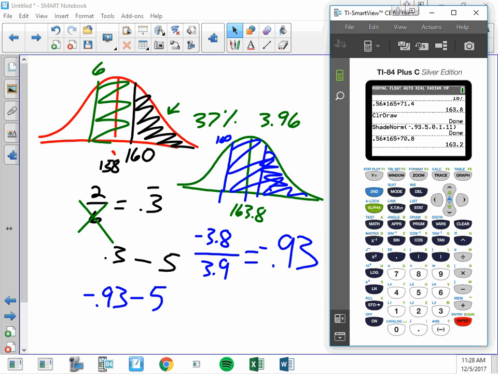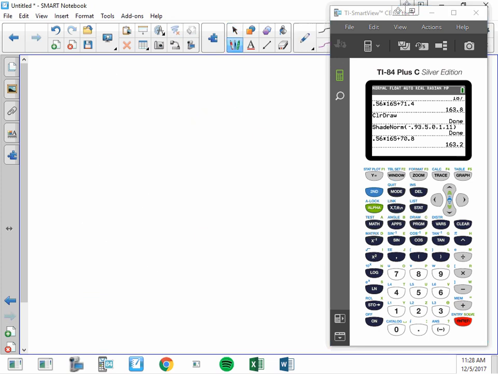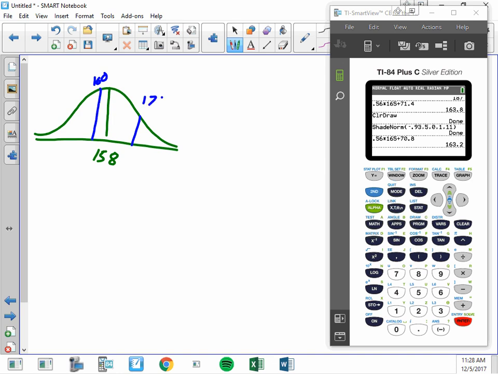Okay. Okay, so number 25. What percentage of women have a wingspan from 160 to 170? So I draw a normal curve. I have 158 here. And I want to know what is the area between 160 and 170.